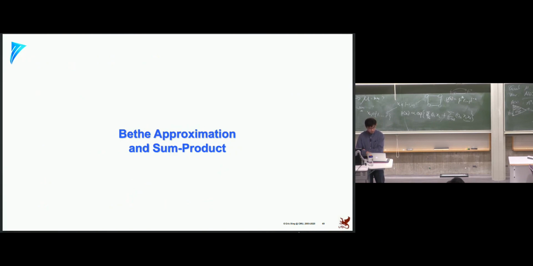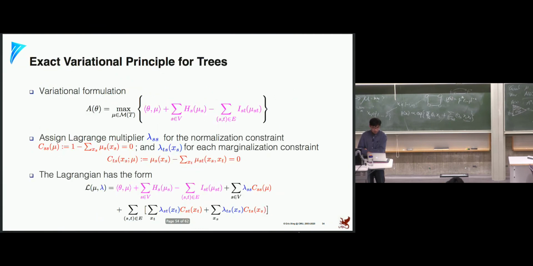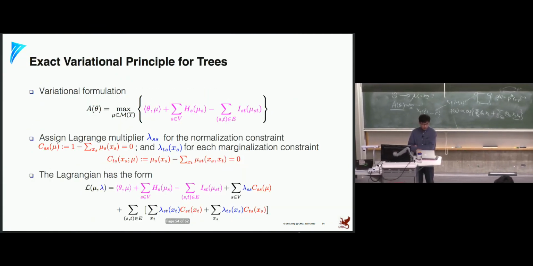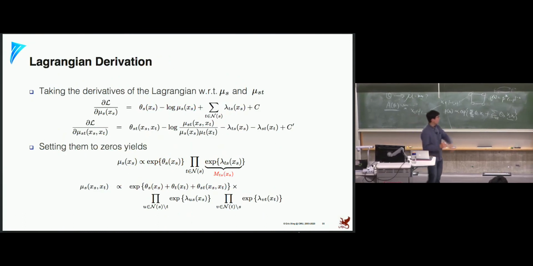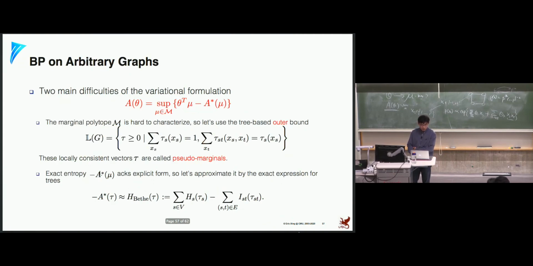I think we don't have time, so let's skip loopy BP. But the same principle applies, and this is just a different kind of approximation for the constraint set M and the dual function, or the negative entropy term. Once you work it out, the messages, or the BP updates you derive, are going to be the Lagrangian variables of this optimization problem, which is very neat.